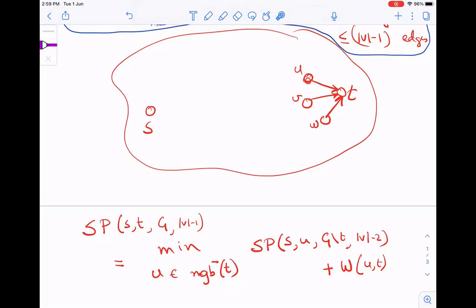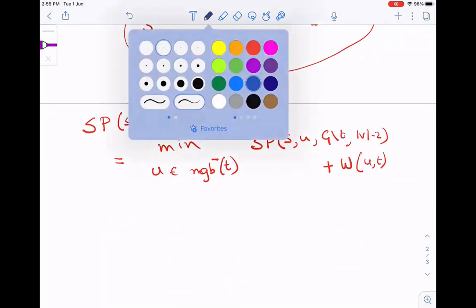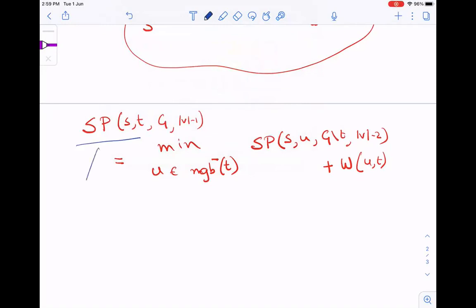So the way in which any recursive algorithm can be analyzed is this: this one takes time T of n because G is of size n. I have to compute this one, so that is T of n minus 1.